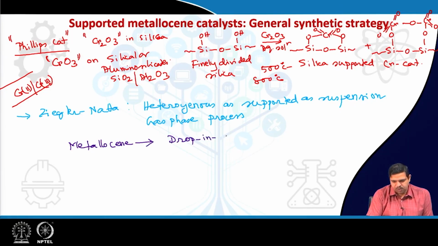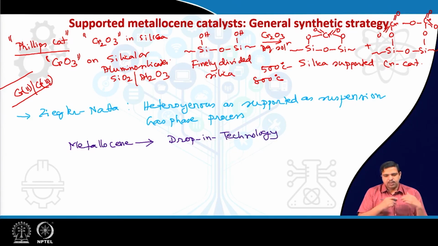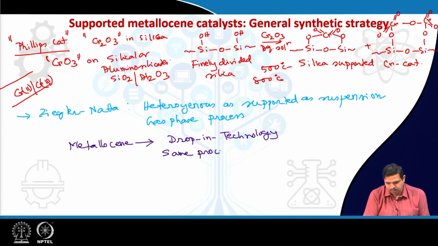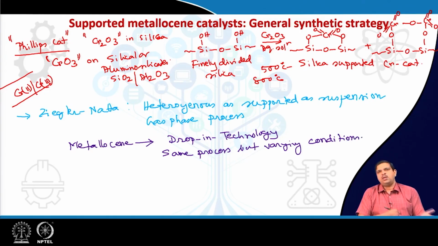The industry took it as a drop in technology, which means the same process we used for Ziegler-Natta, but we just vary the reaction conditions, because your main active catalyst is different. So we have to vary the temperature, the concentration, the stoichiometry.